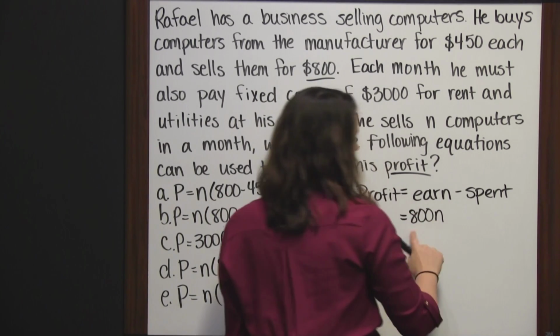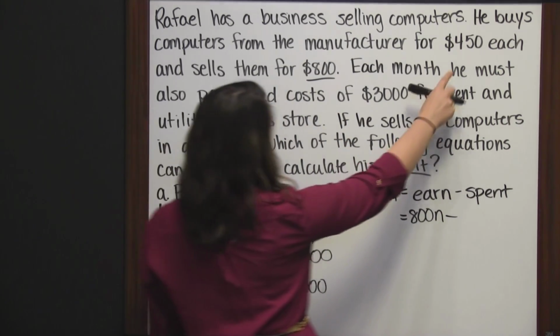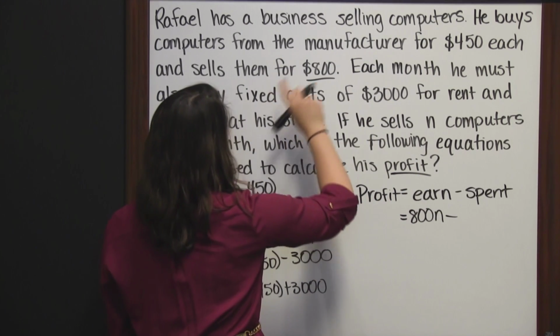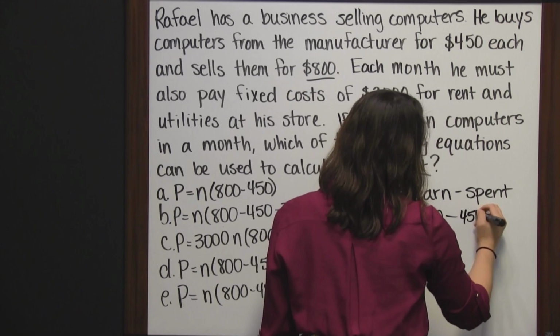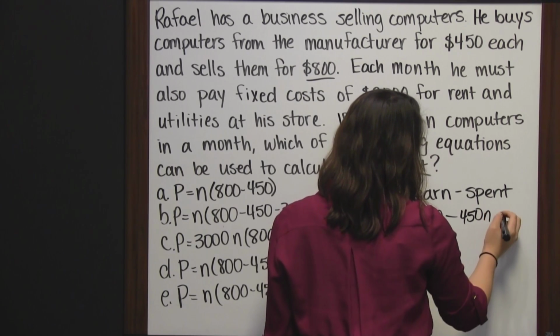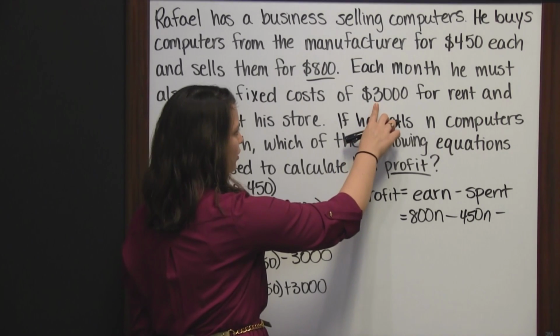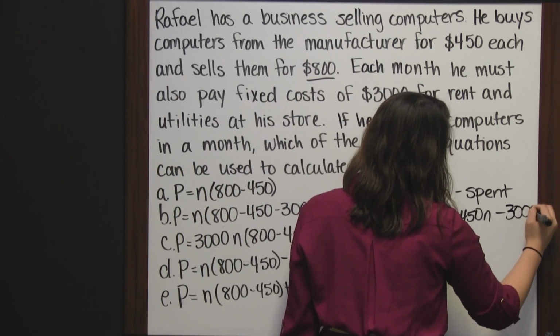So from the money he earns, we need to subtract $450 for each computer, because that's how much he has to pay the manufacturer. So minus 450 n. And we also have to subtract $3,000 flat. So just 3,000.